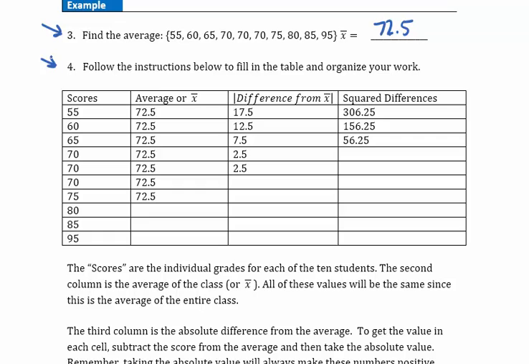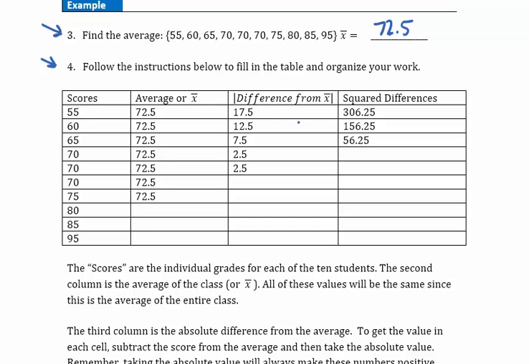So what we're going to first do is look at all the scores in Teacher 3's group. And we're going to use this same average every time we're making these computations here. So always the average here, which we calculated to be 72.5. The first thing we're going to do is find the absolute value of the difference.